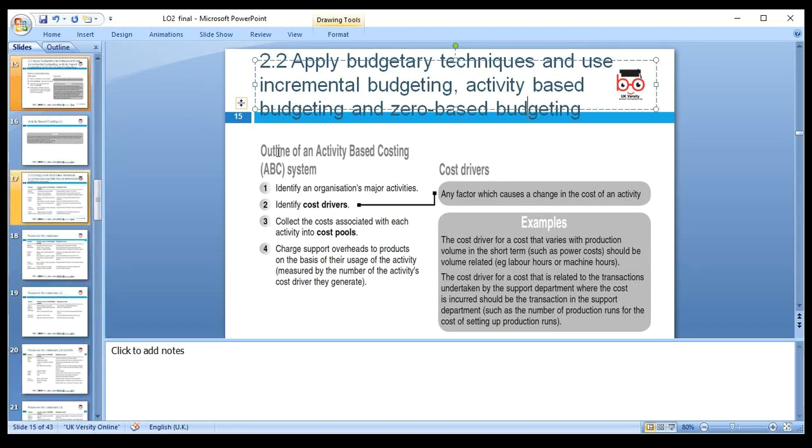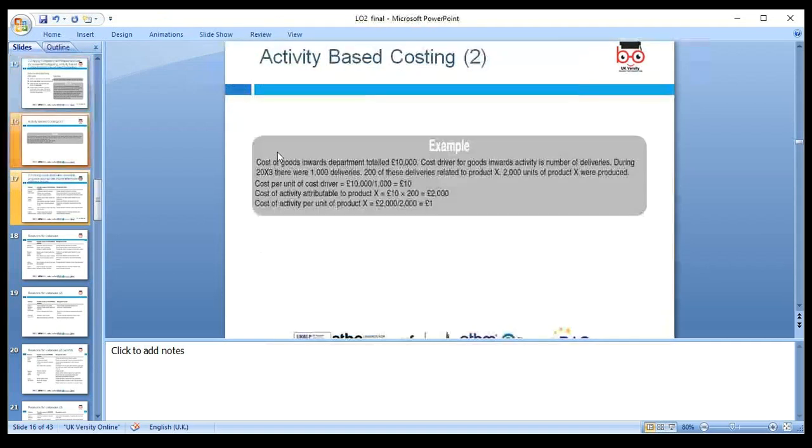Then the second, like here, we'll say the cost of the goods inward department is 10,000, the cost of the driver for the goods inward. Number of deliveries: during 20x3, we have 1,000 deliveries. 200 of these deliveries relate to product X. 2,000 units of product X were produced.